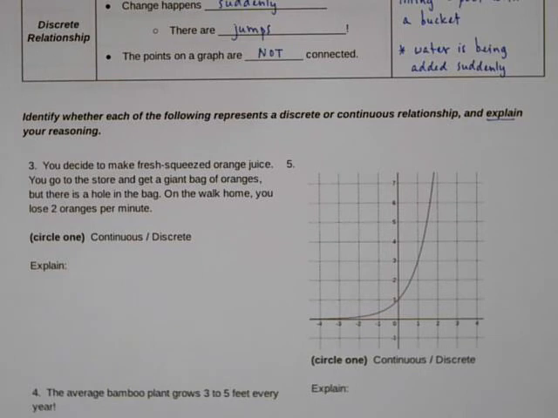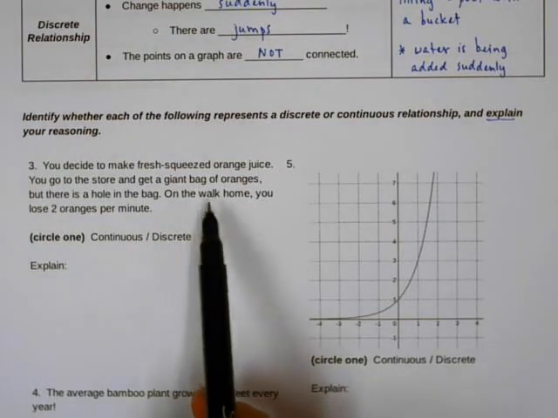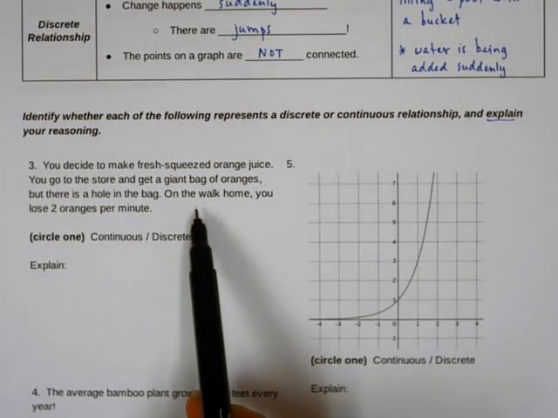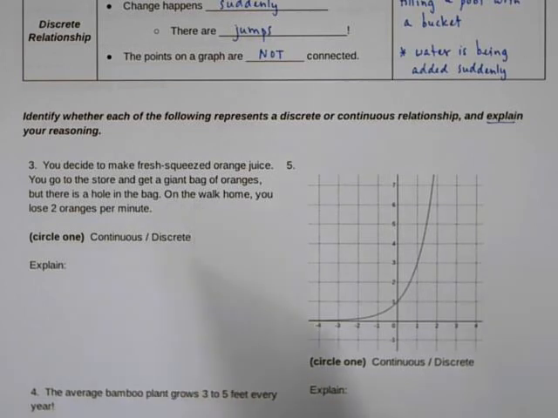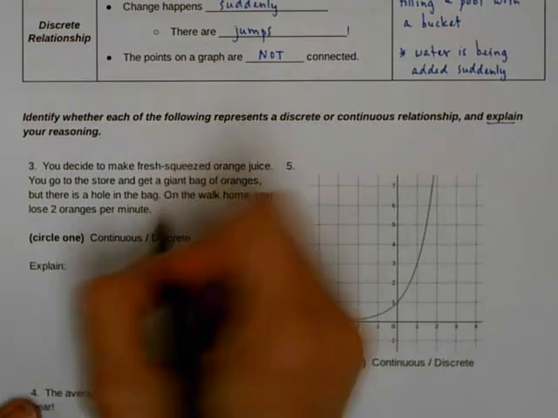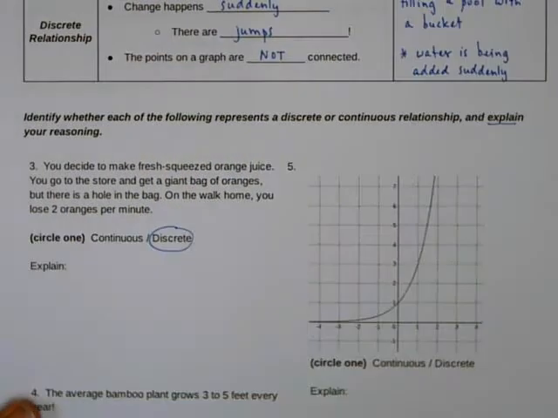So our first decision is whether this is continuous or discrete. And again, we want to think about how that change is happening. So when I think about this, I'm thinking about the number of oranges in that bag. So if I'm walking home and I have a full bag, all of a sudden I'm going to notice that number of oranges dropped. Since that change is going to happen suddenly, we would say this is a discrete relationship.